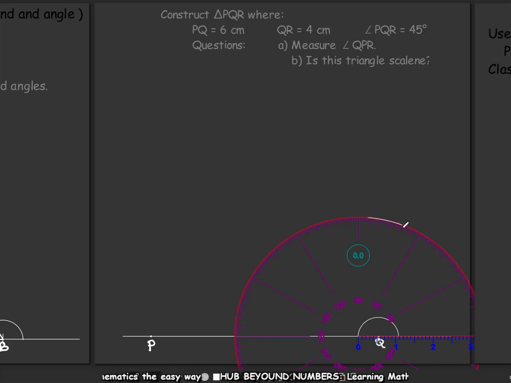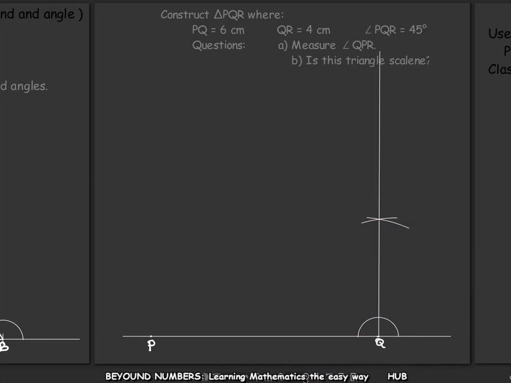So I have an arc here. And with that same radius, I stand here again and draw another arc. And all I need to do now is to draw a line through this arc, right? So this is going to be my line through the point.